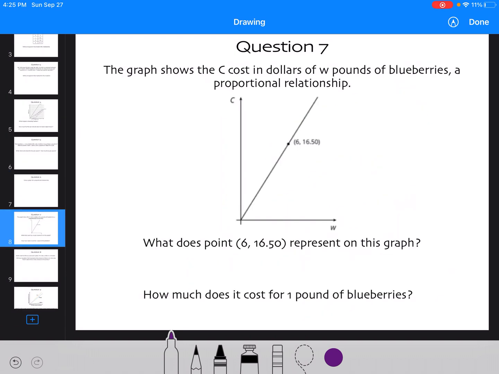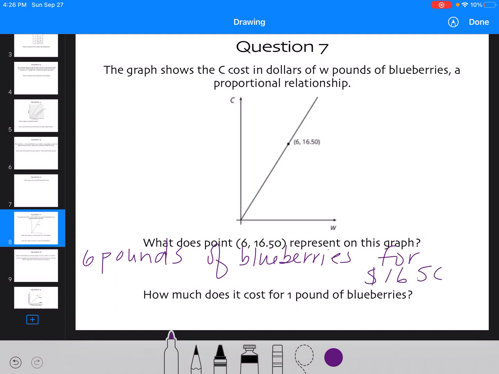So then it says this graph shows the cost in dollars C of W pounds of blueberries, a proportional relationship. What does the point (6, 16.50) represent on this graph? So it represents 6 pounds of blueberries for $16.50.